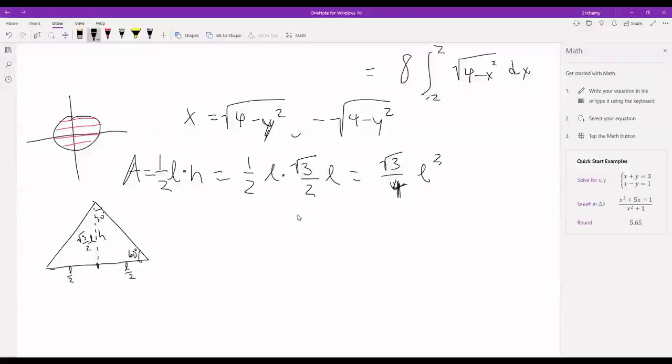And then we'll do the integral with this from -2 to 2 of what we just found. Now we plug in L, which is the same thing that we did last time. And we'll take out the rad 3 over 4.